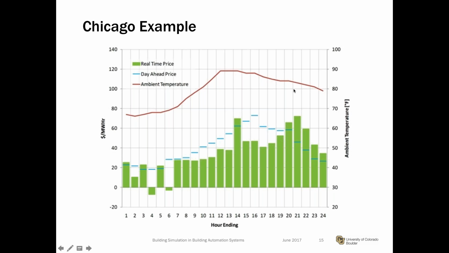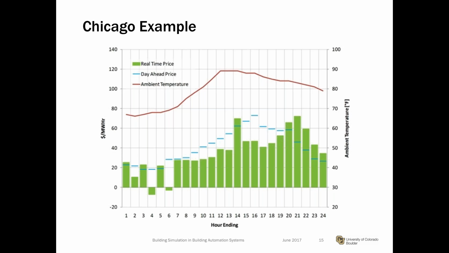So it's a warm day in September, and the day-ahead price that the optimizer is being told or given the day before are the blue lines, and the price ranges between $20 and $70 or $68 per megawatt hour. When that day actually materializes, the real-time price tended to be lower at night. In fact, we've seen negative prices that occurred. The optimizer was given the blue prices because those are available a day ahead for the optimizer.